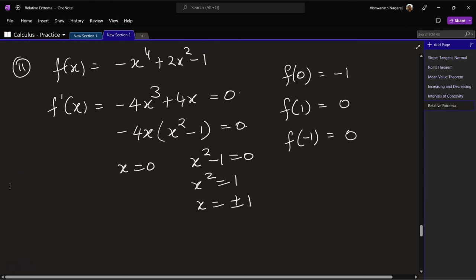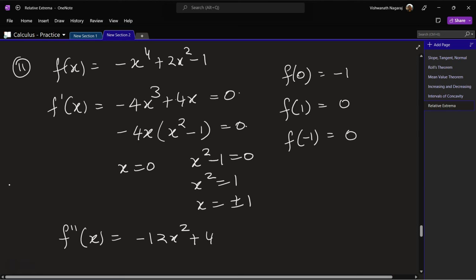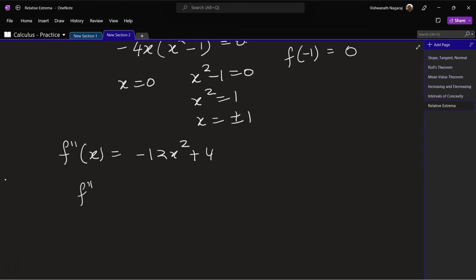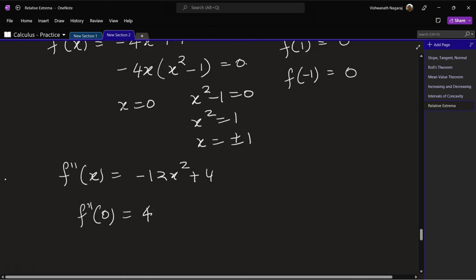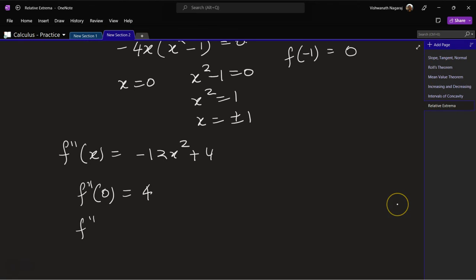So let's take the second derivative. f double prime of x would be minus 12x square plus 4. Right? Now let's do the substitution. f double prime of 0 would be 4, which is positive, which means this is going to be relative minima. In the second case, f double prime of 1 would be, again, minus 1 will become 1.